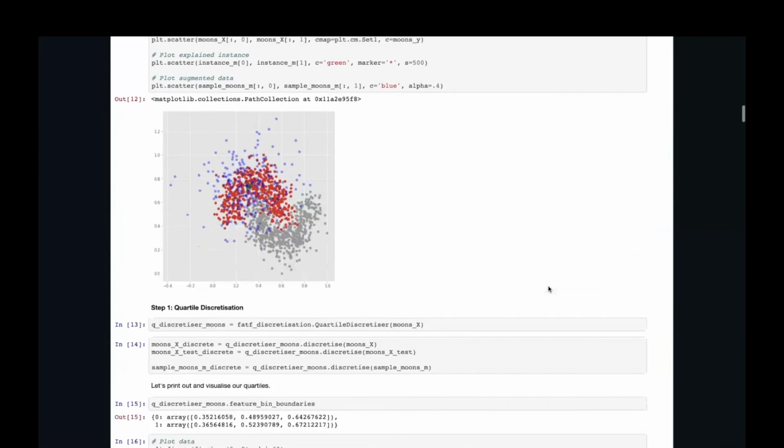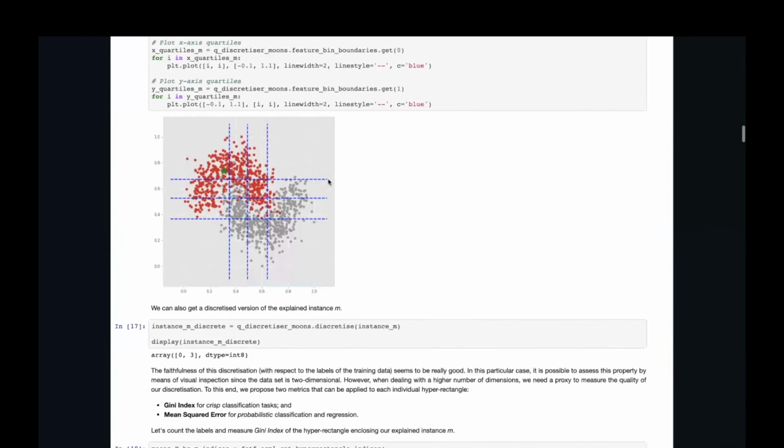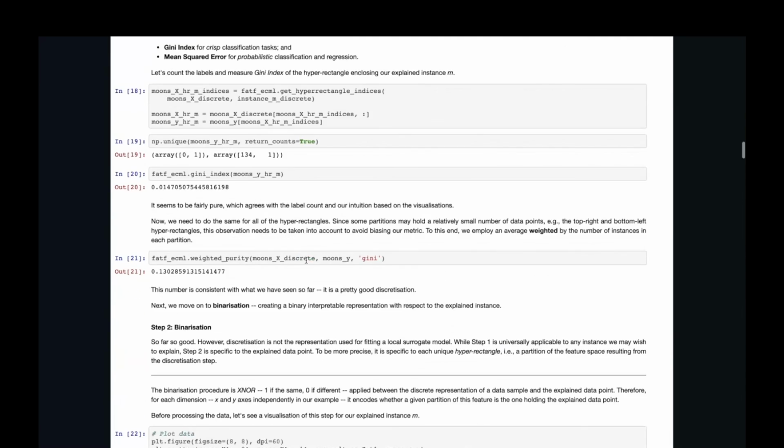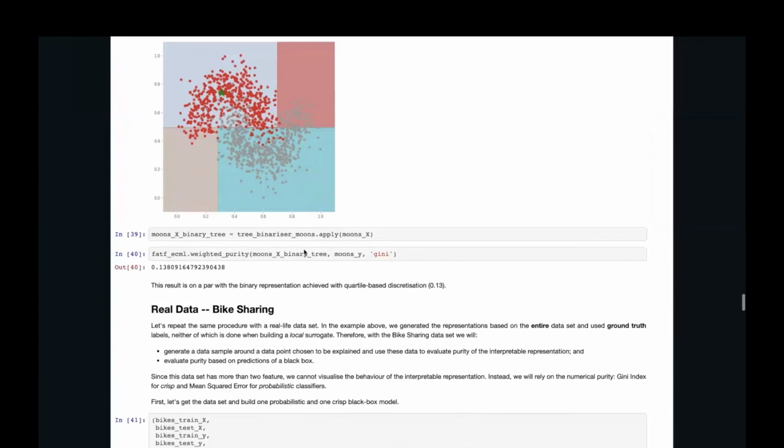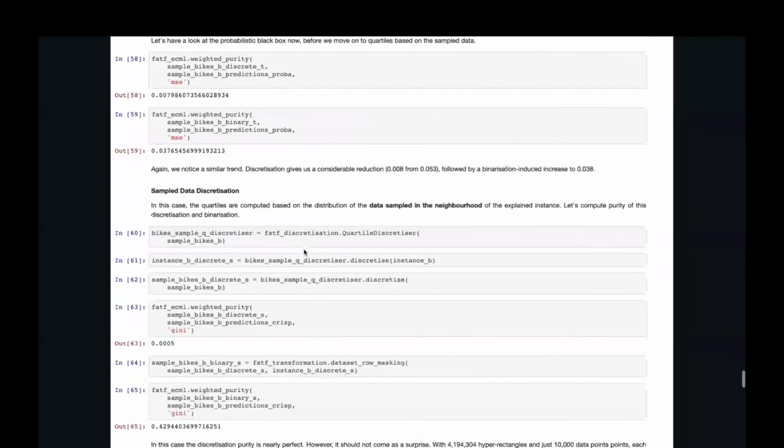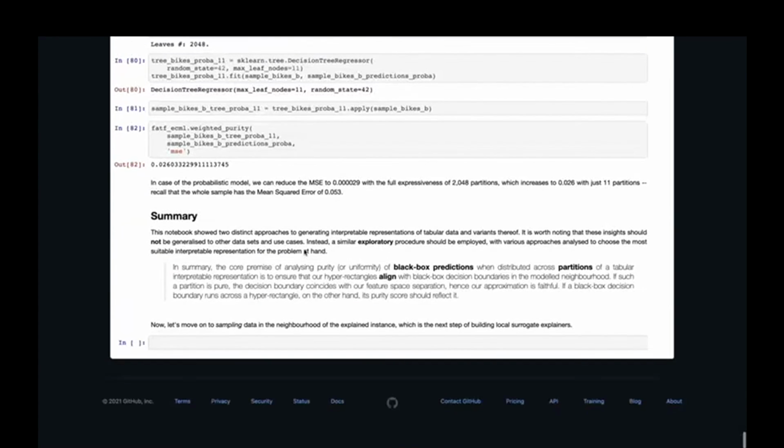So you will see different ways of sampling your data, and then different ways of measuring these samples, whether they are good or bad, with some discussion about that, both with quartile discretization and decision tree discretization, and different metrics for that.